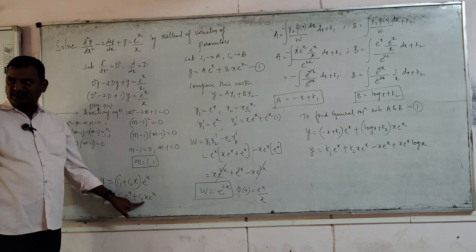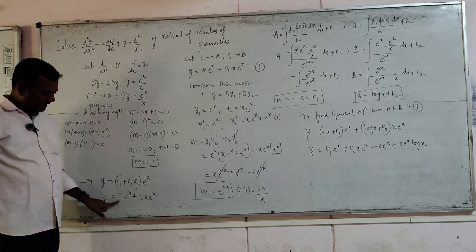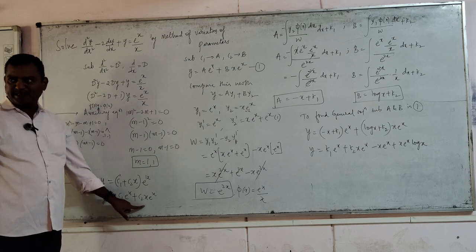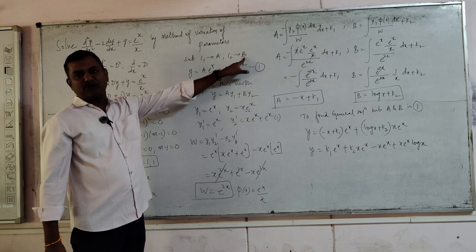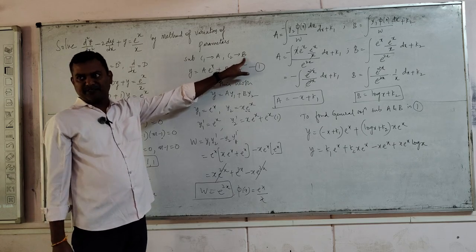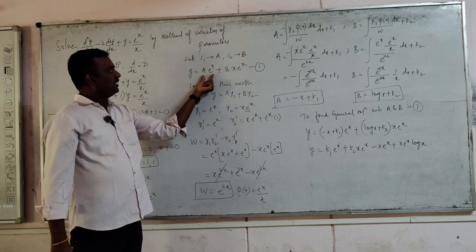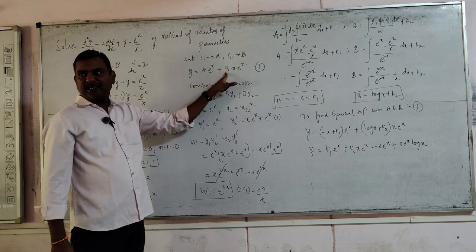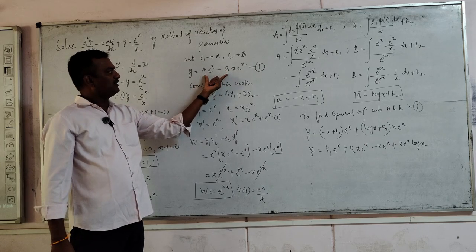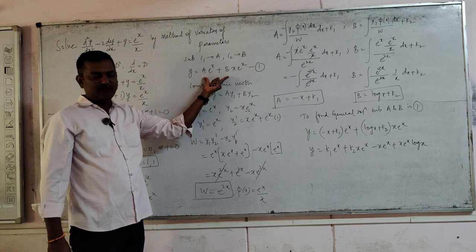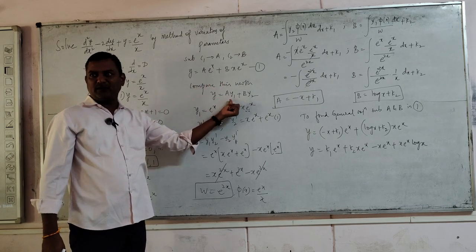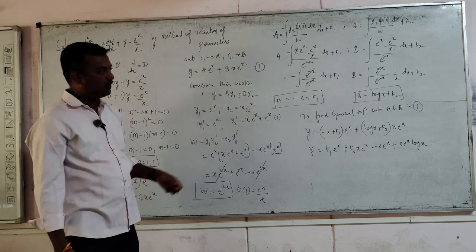Once you get this equation, we replace c1 by capital A and c2 by capital B, which are called functions of x. Now I have replaced A and B here. Once you replace A and B, you compare this equation with the standard one, where y1 and y2 are called independent solutions.